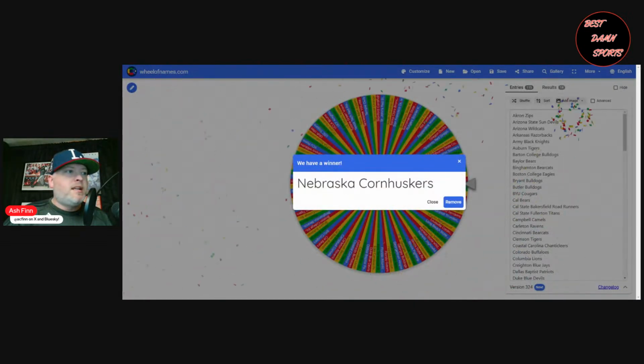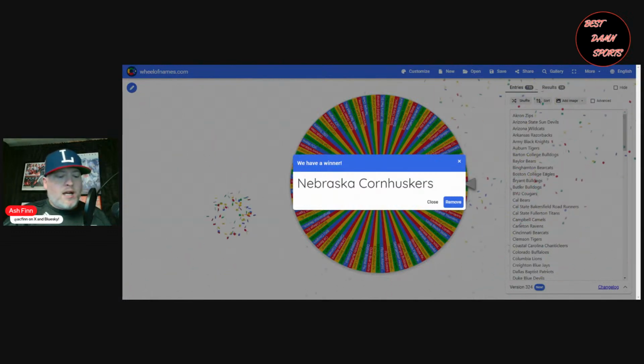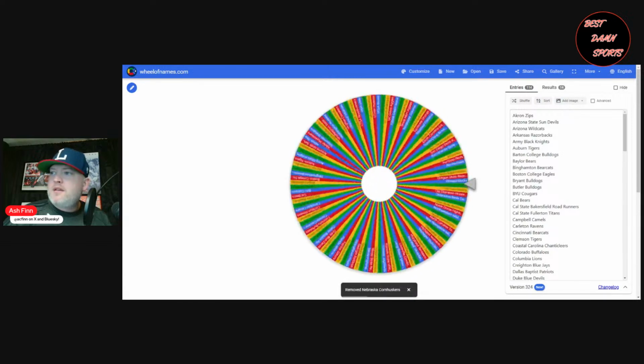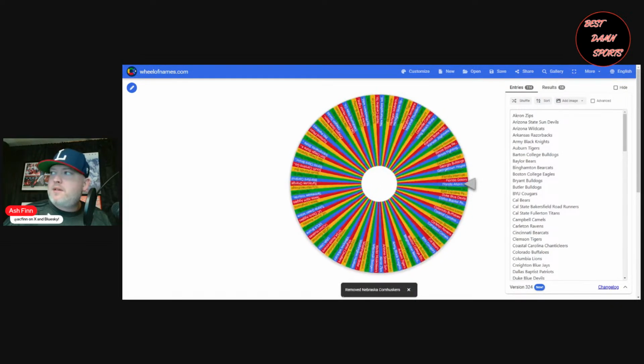All right, the Big Ten has another one taken with the Nebraska Cornhuskers. They will be drafting in the 14th position. And yet another spin around we go.